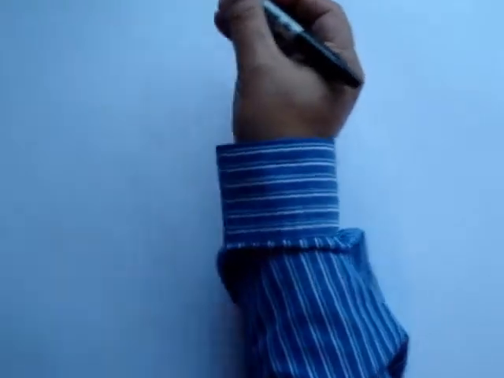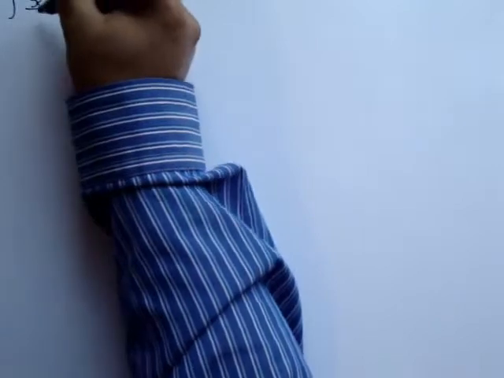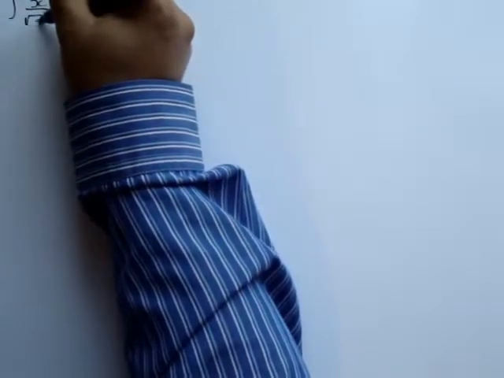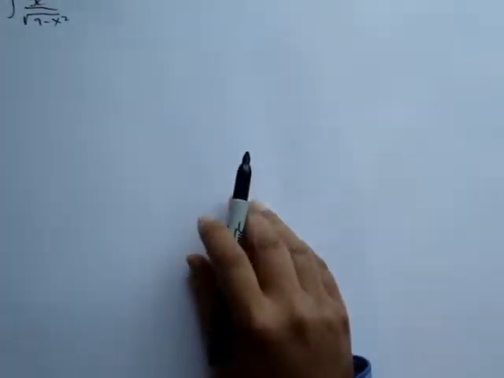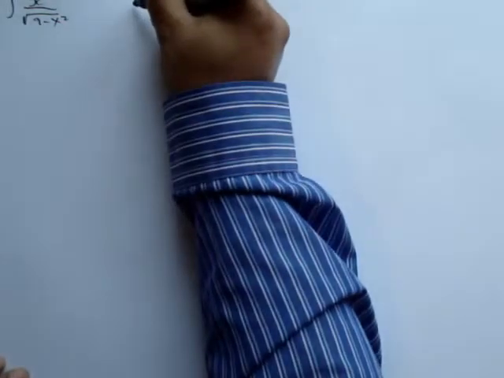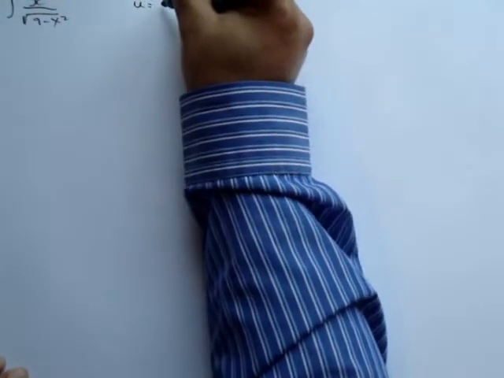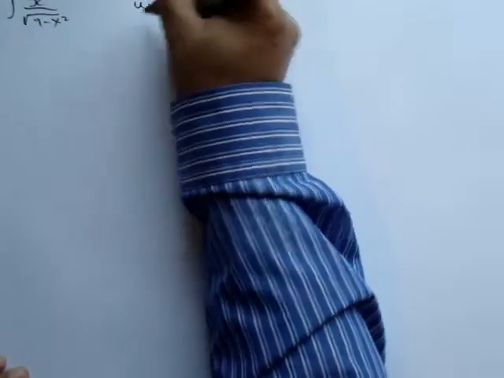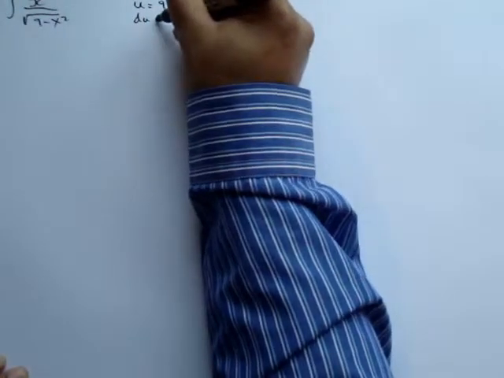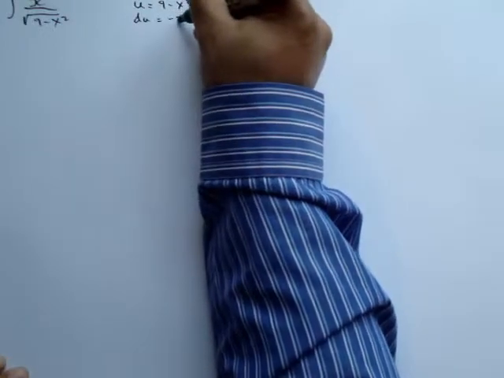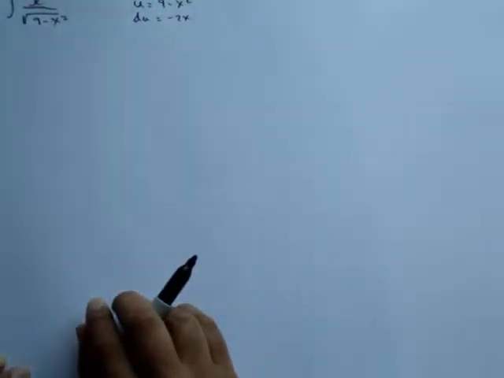Take care. Sometimes, if we're faced with the integral of x over square root of 9 minus x squared, first of all try u substitution, and you'll get u equals 9 minus x squared and du equals minus 2x dx, and the x appears in the integral, so you can do that by u substitution.